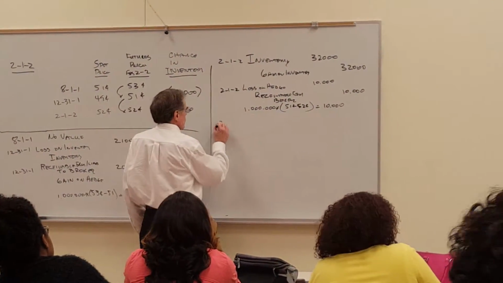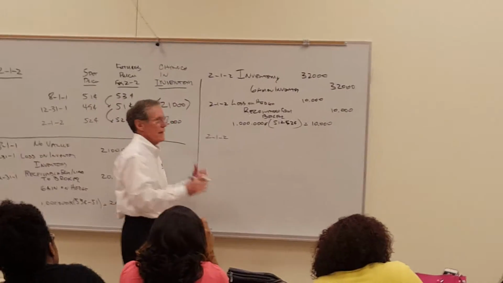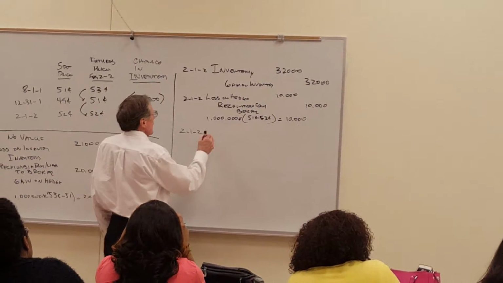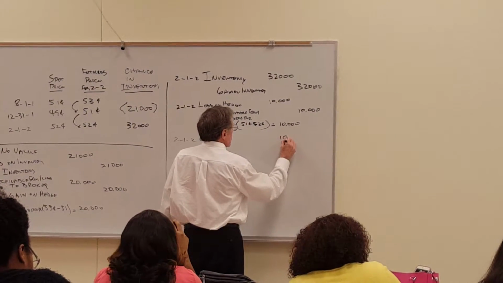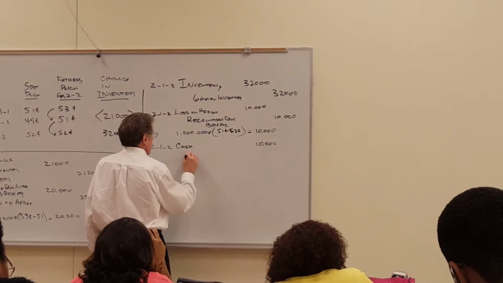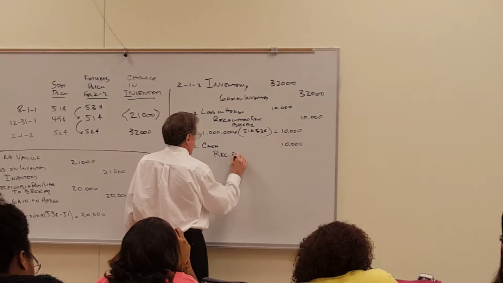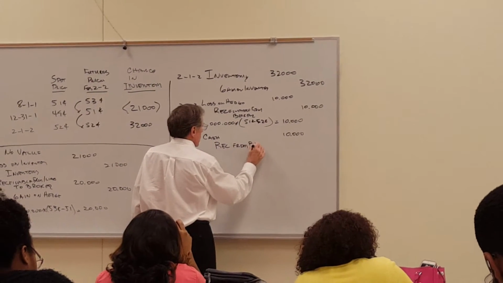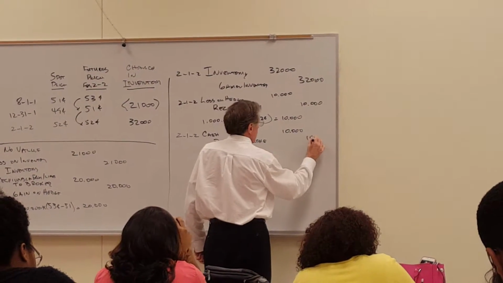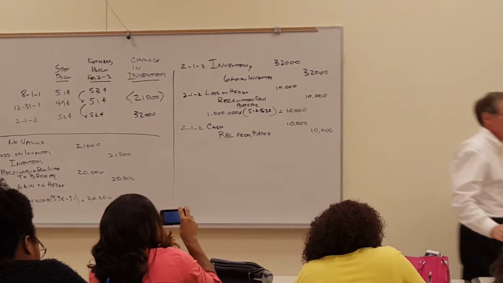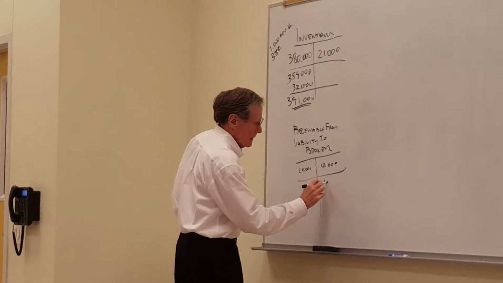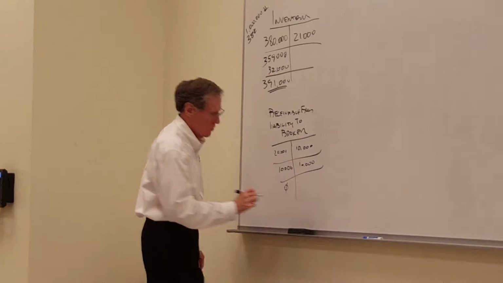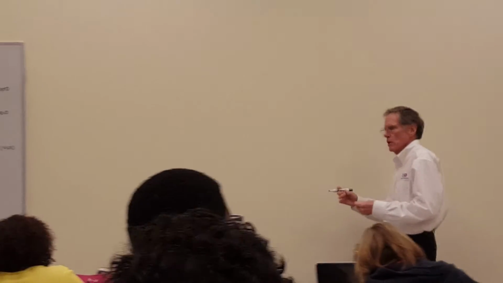So on 2/1, entry 2, we ask the broker for the 10 grand, and we get cash of $10,000, and we have receivable from broker for $10,000. And now we come over here and we credit the receivable from broker, and the deal's done. The broker no longer owes us anything, nor do we owe the broker anything. So the deal's concluded there.